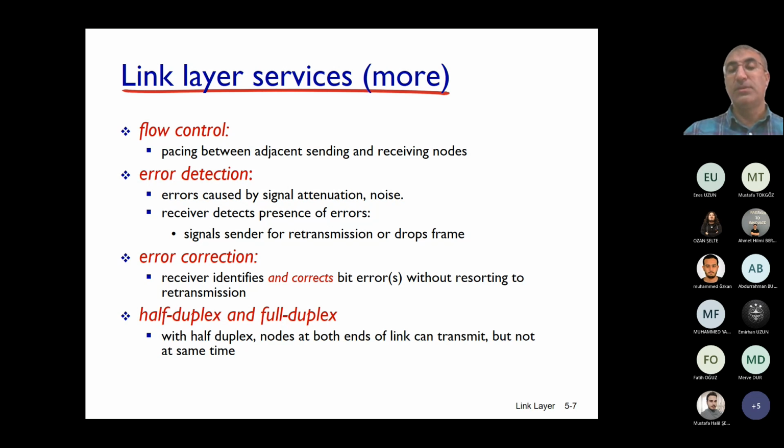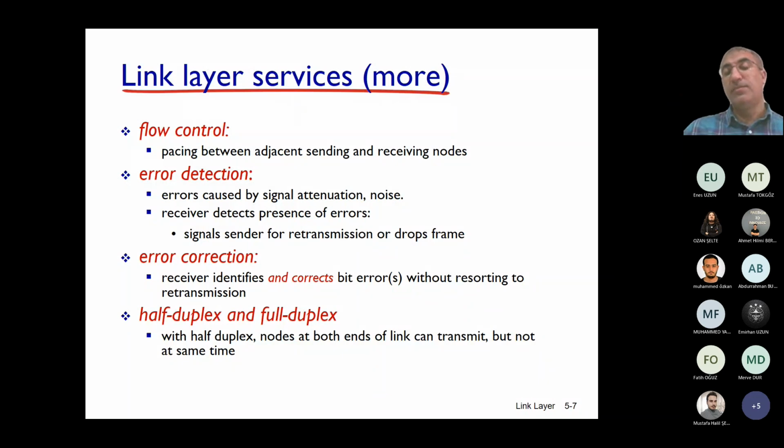So this may cause bit errors when you transmit this bit stream. The job of the receiver is to detect if there's an error. If there's an error, we have different kinds of mechanisms to handle these errors, or let the sender know. So we can send this information to the sender so that it can retransmit or drop the frame.